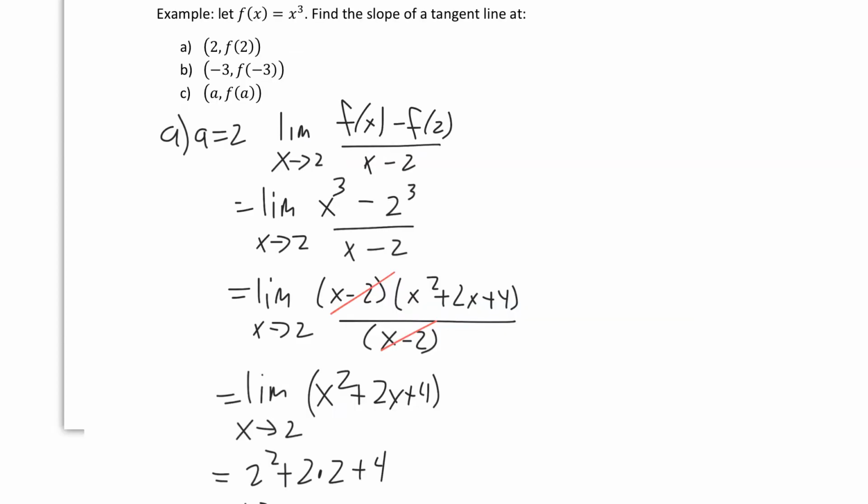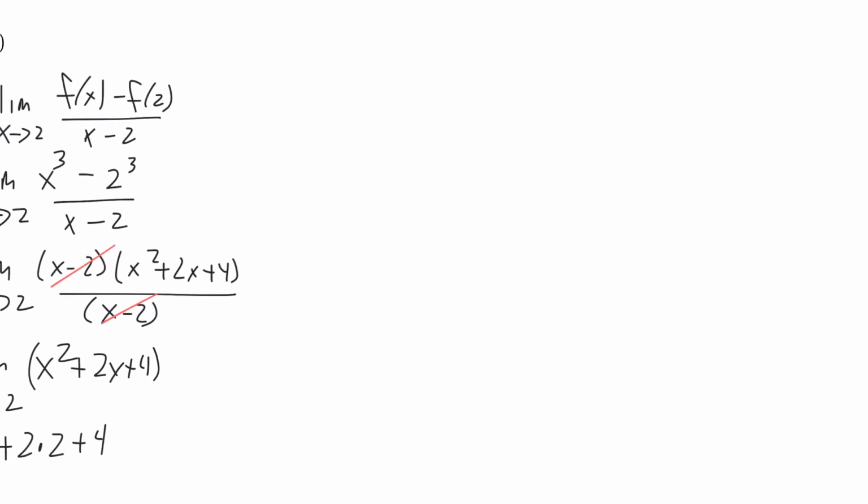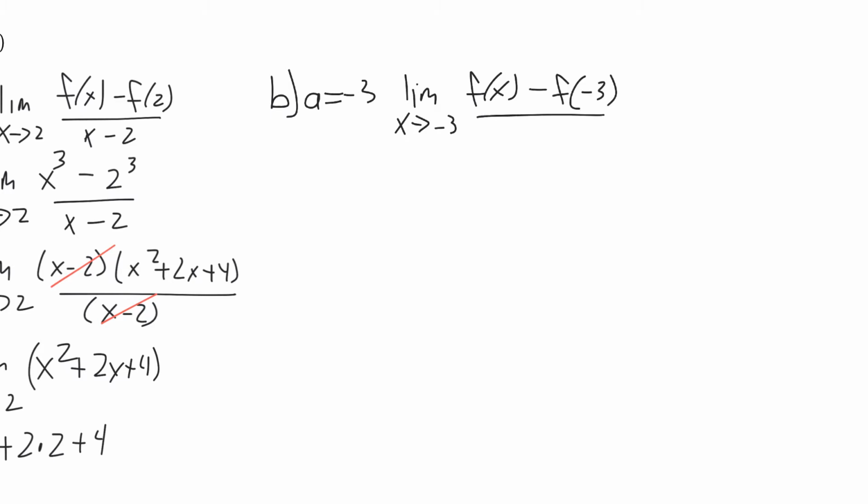So let's go ahead and try part B with negative 3 and f of negative 3. So here for part B, we have a equal to negative 3. It's the same setup as before. So we do the limit as x approaches negative 3 of f of x minus f of negative 3 over x minus negative 3.